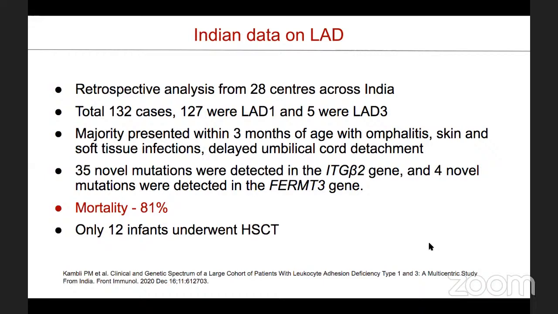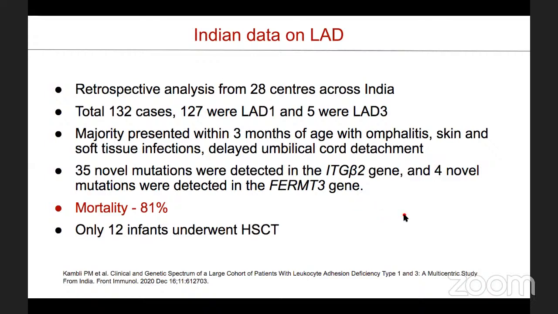But as we know by reading literature on IEI, novel mutations are always described, and especially with the availability of NGS now, sometimes even unusual phenotypes give a diagnosis like LAD and MSMD, and are reported by the companies who run the NGS as variants of uncertain significance.